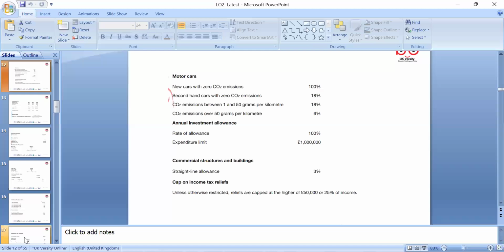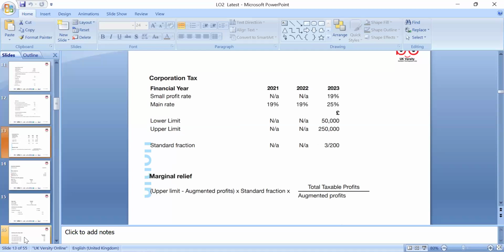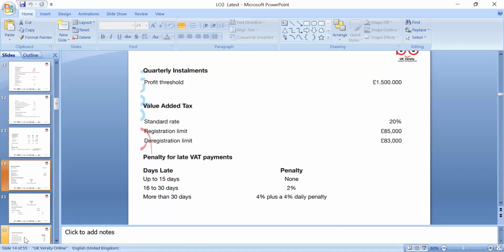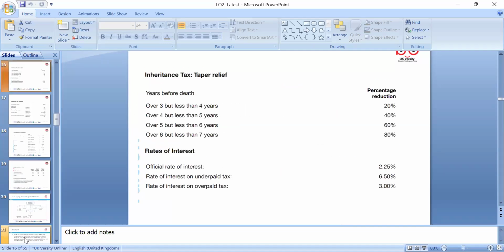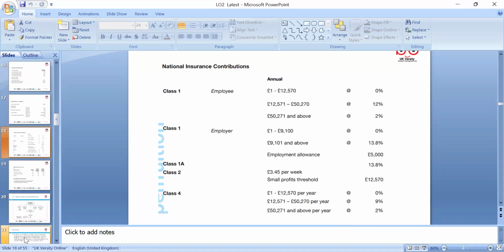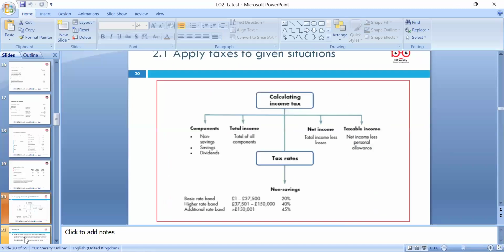We look at capital allowance on plant and machinery, corporation tax and marginal relief, which we can calculate according to upper and lower limits. We look at penalties if we do not follow the rates or submit accordingly. And VAT, of course, 85,000, and you can deregister if your turnover is 83,000. Also the insurance rates.